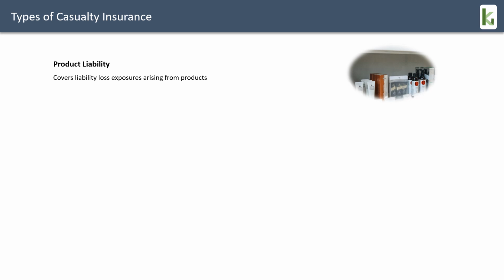So they can sue you for their medical expenses or for their harassment and other things. So such kind of losses can be very heavy, and that's where product liability insurance comes into the picture. So if you have product liability insurance, then that can safeguard you against such kind of losses.